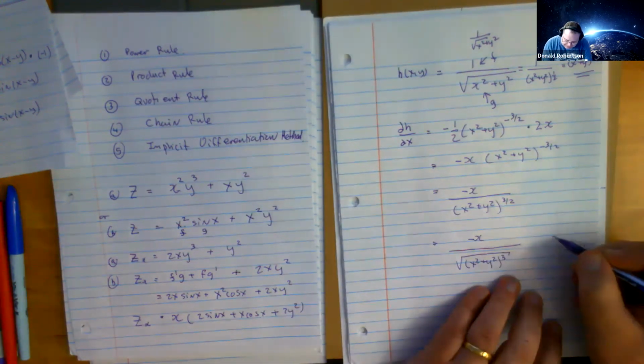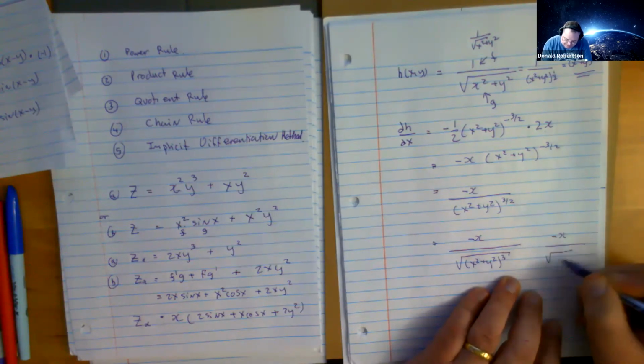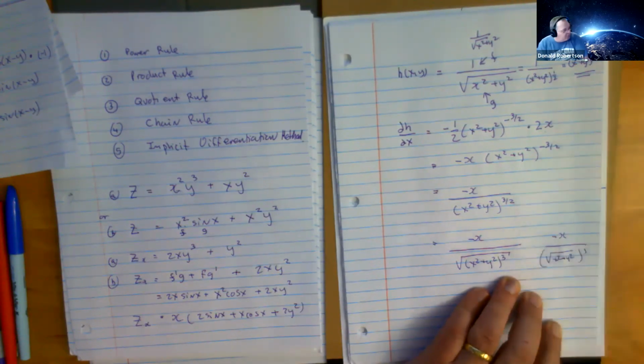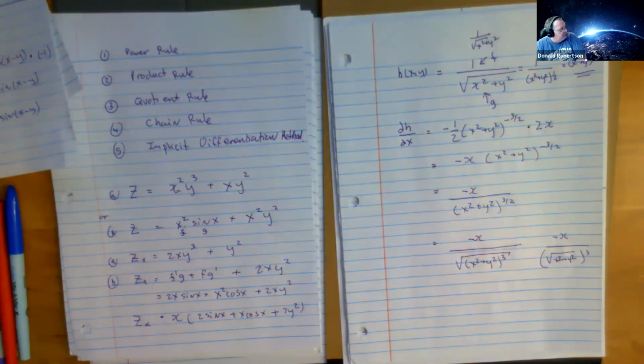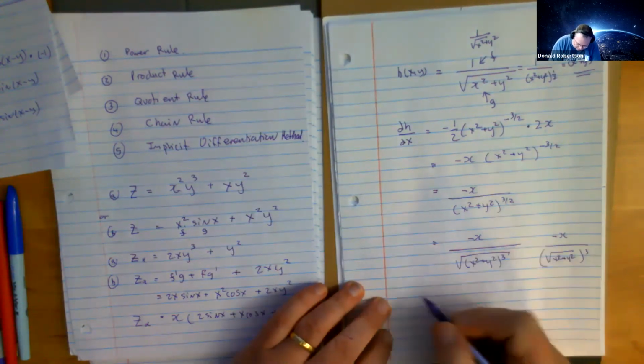Technically speaking, would not be equivalent. That's the same as that. So you might well have some algebra issues at the end of one of these questions. Oh well. I'm going to use this version because I kind of like it.